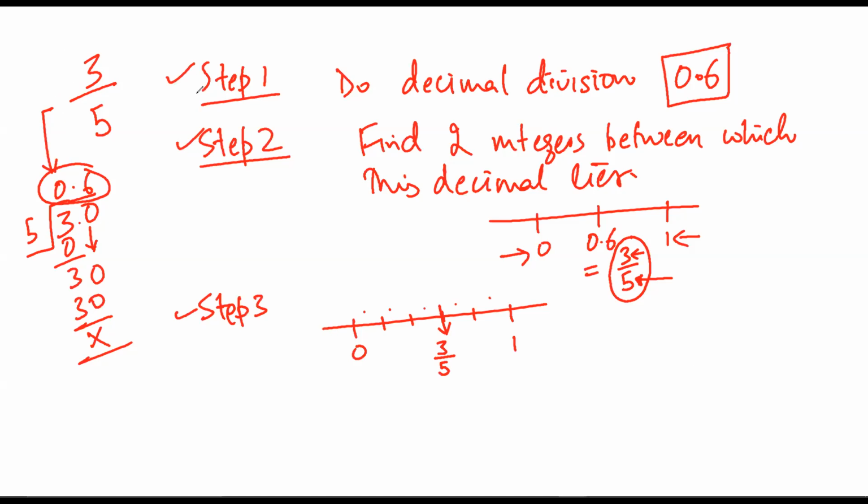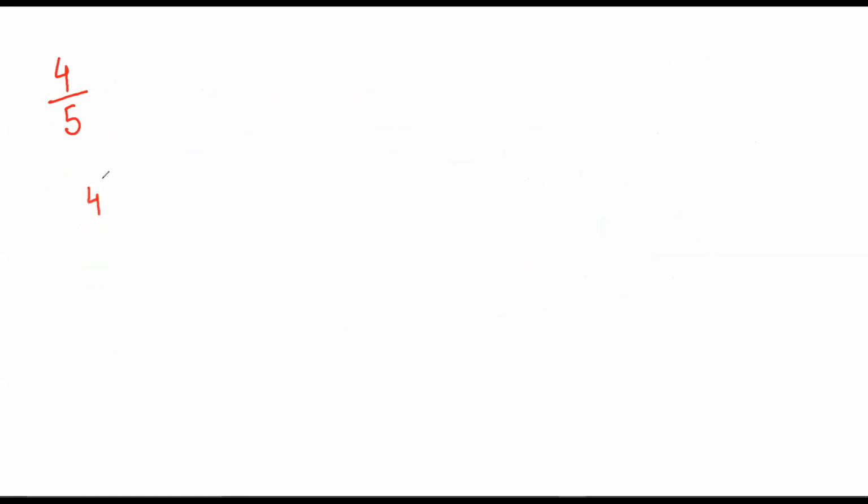So for example, 4 by 5. My first step is to do decimal division. When I do decimal division, this is equal to 0.8.